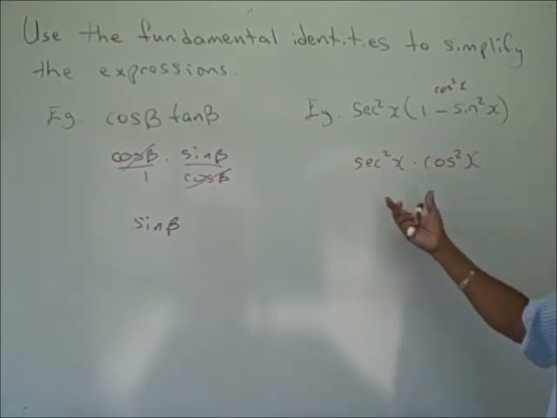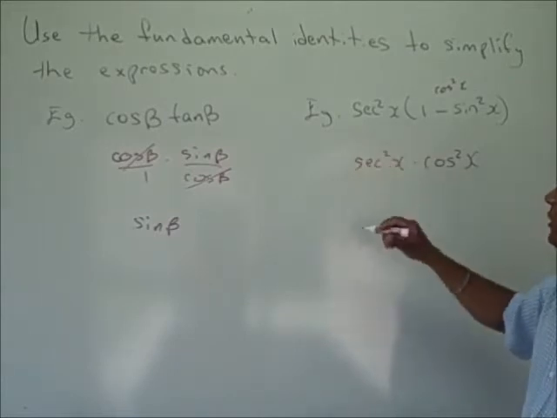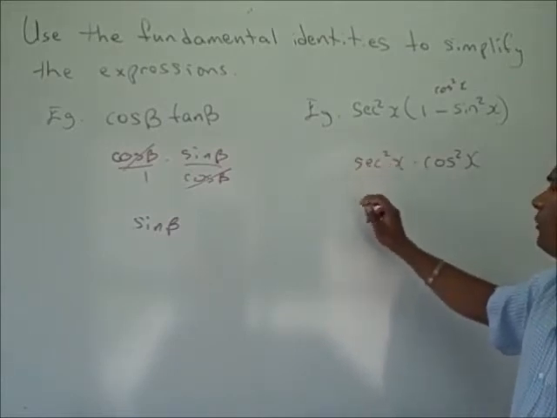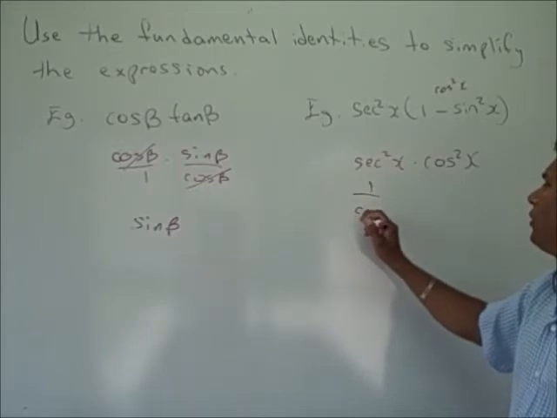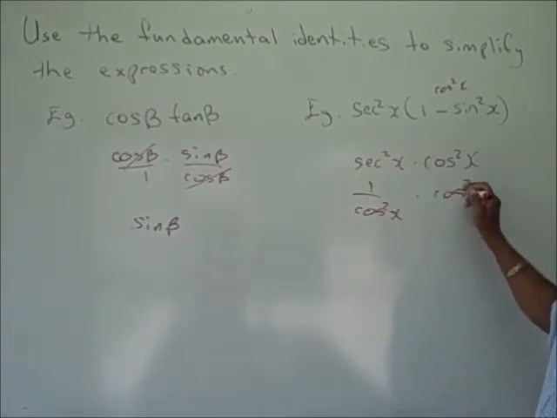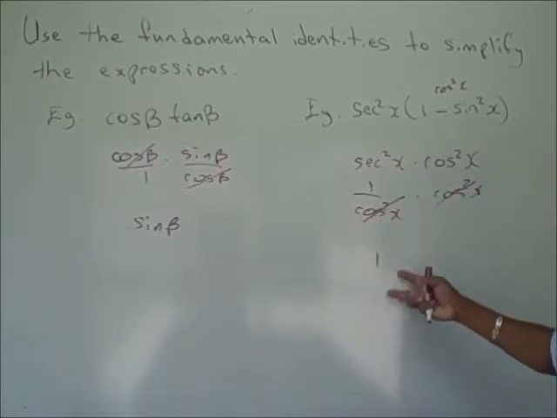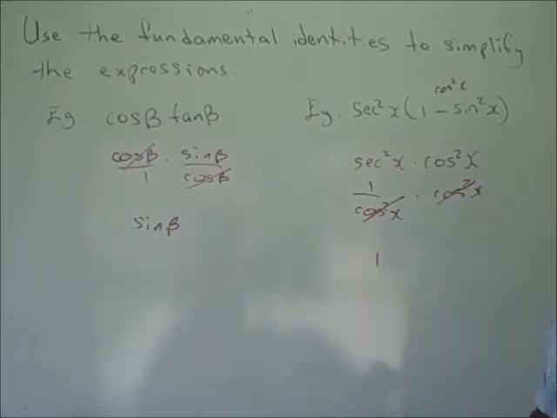One of our reciprocal identities is that secant is equal to 1 over cosine. So we can rewrite this as 1 over cosine squared x times cosine squared x. The cosine squared x will cancel here. So all this simplifies to 1.